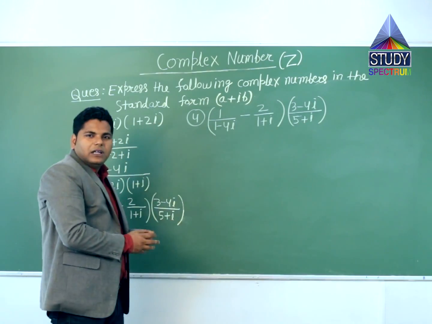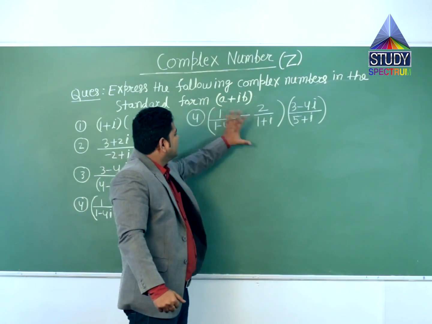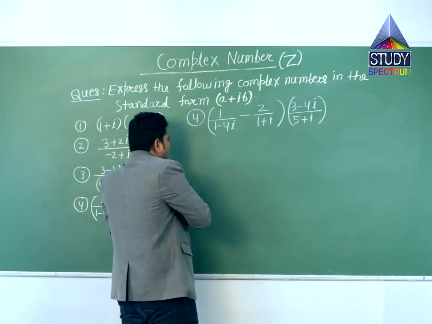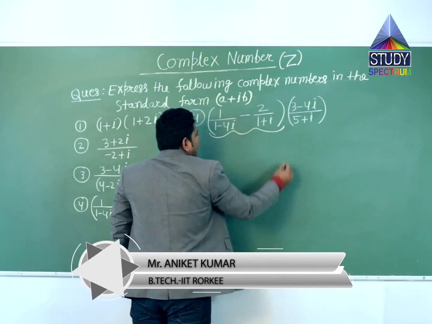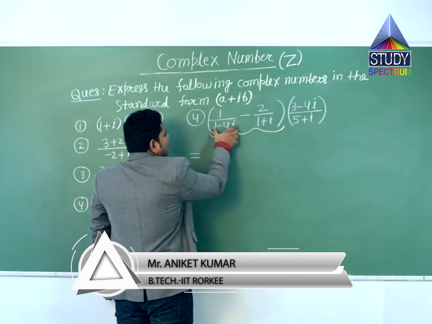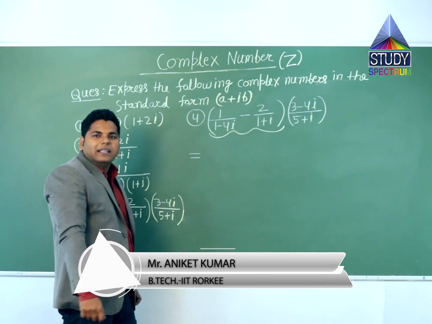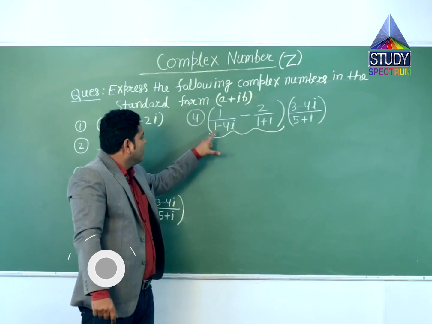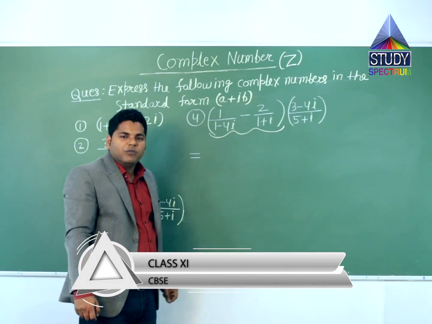So first of all, we will simplify this part. So we'll take the LCM of 1 minus 4i and 1 plus i, and the LCM will be the multiplication of 1 minus 4i into 1 plus i.